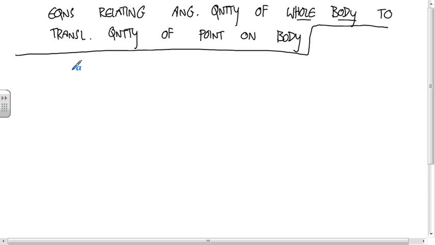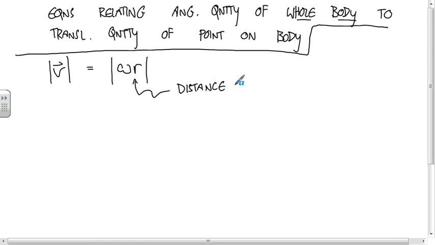So there's one relating angular velocity to translational velocity, and that says that the magnitude of the velocity, the speed, is equal to the absolute value of the angular velocity times r. And this r is the distance from the pivot point to the chosen point.